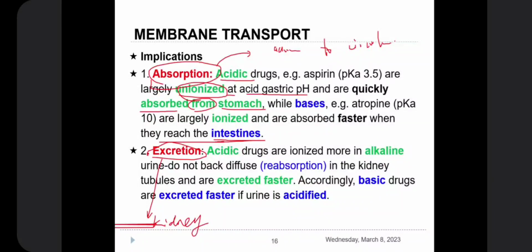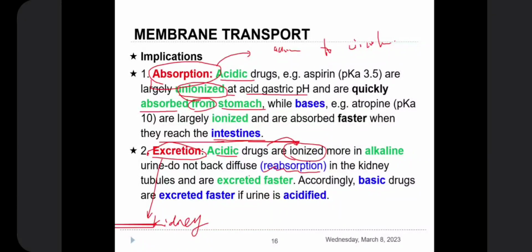You can see here, when acid drugs are in the alkaline urine, they become more ionized, and then have very weak reabsorption. Sorry, when reabsorption is strong, it means less drug will be excreted by the kidney, because most of the drug can be reabsorbed from the tubules back to the blood.